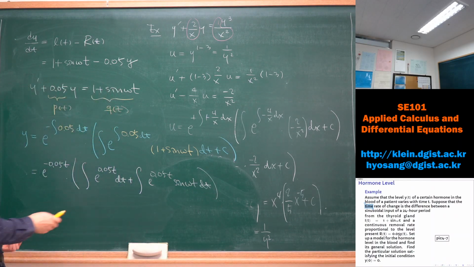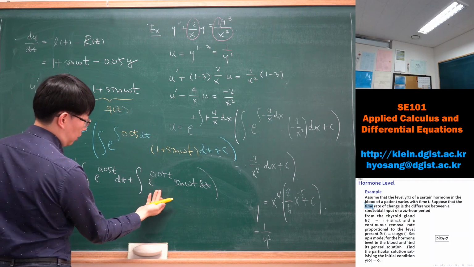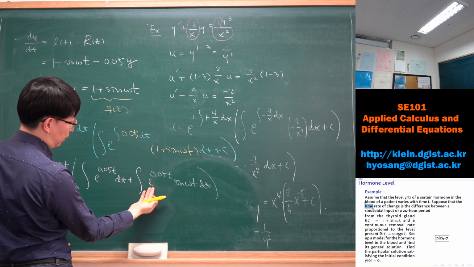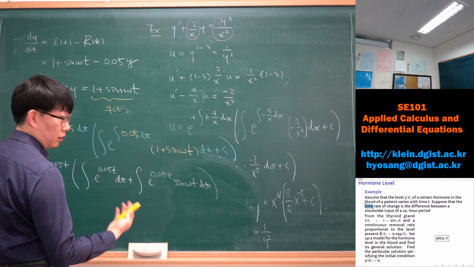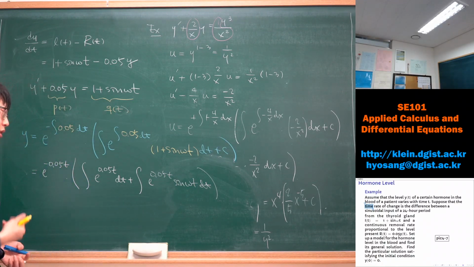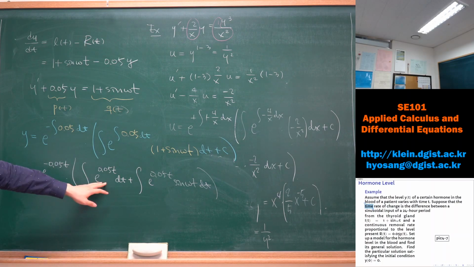So when you're integrating the integrand obtained by multiplying this exponential and sine, you have to use integration by parts twice, and the formula becomes a little bit complicated. I leave it as an exercise in the homework. And this part, I don't think it's hard. You can just simply take the integral.